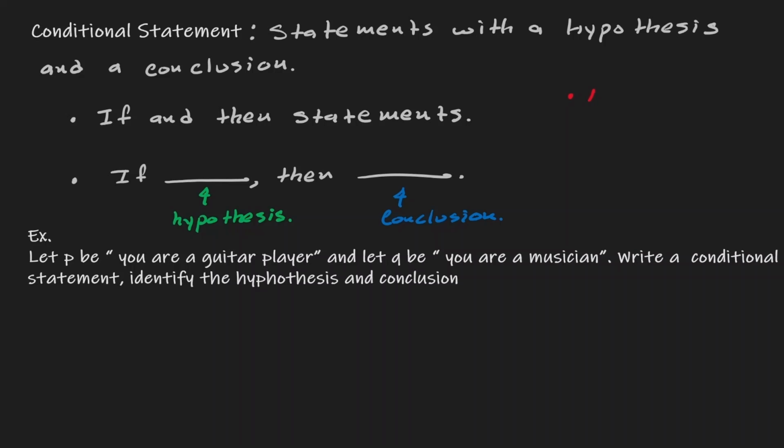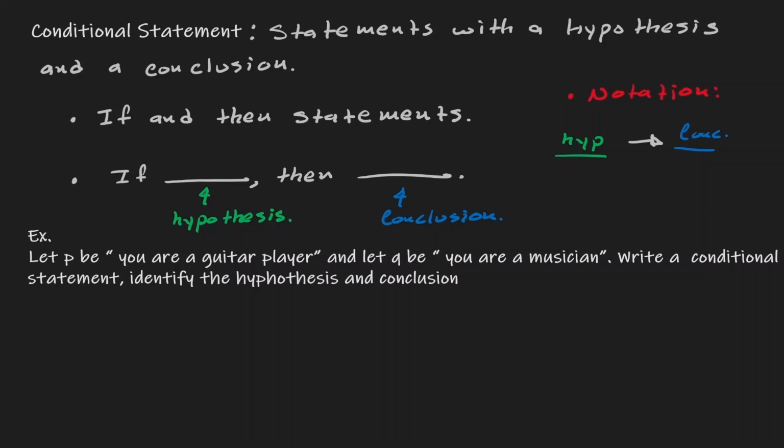And we have a notation for this. The notation for conditional statements is pretty straightforward. It's going to be some kind of an arrow, where on the left hand side of that arrow is our hypothesis, and on the right hand side of that arrow is our conclusion.